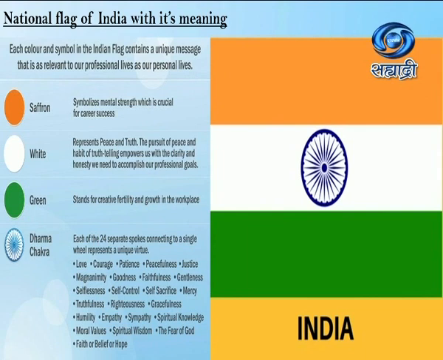And we need to be successful in our life, being devoted to our country. What about the white color? The white color represents peace and truthfulness. Yes, very important. As I always keep on focusing on truthfulness, this is one of the most important virtues in our life which we have to follow.